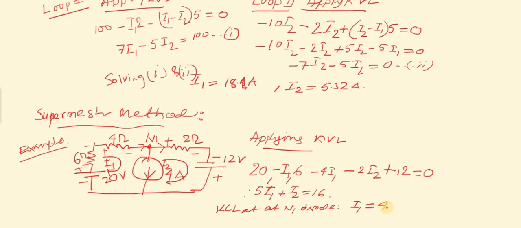That means 4 ampere, and this is I1 minus I2 equal to 1. So this is our equation number 2. Now this is our equation number 1. Solve equations 1 and 2.